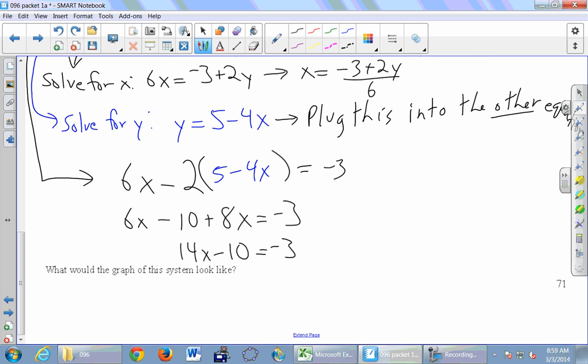And then 2 more steps to solve for x. So add the 10, and then divide by 14. So always leave your answer as fractions, but always reduce those fractions.